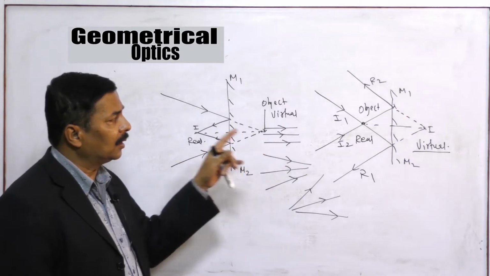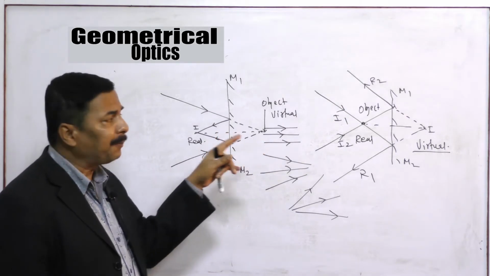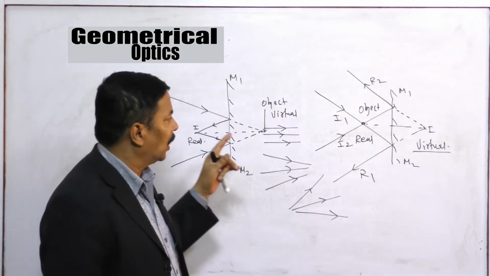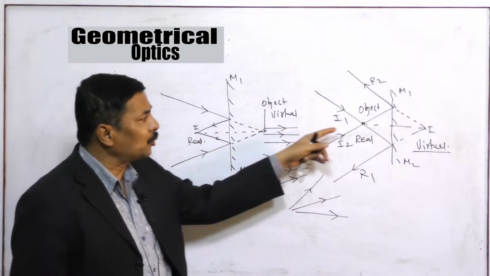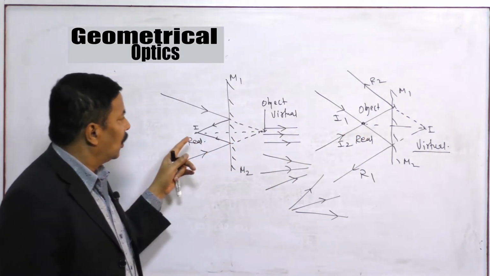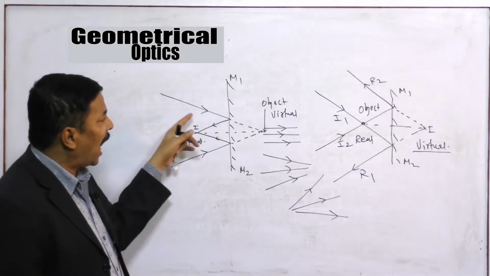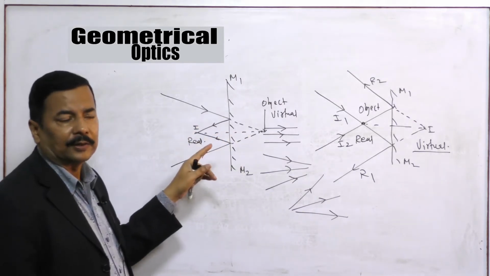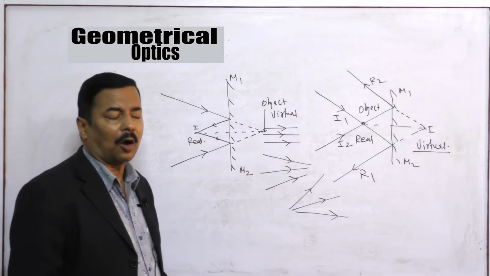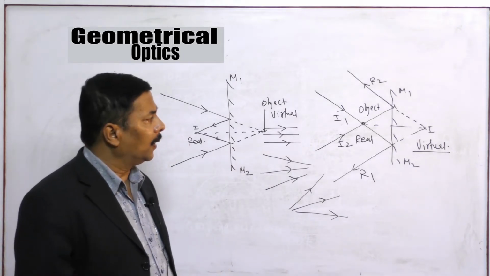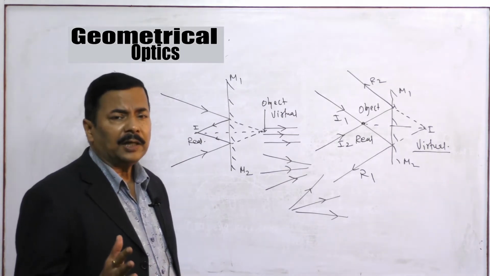A virtual image is the appeared point of intersection of reflected rays. A real object is the actual point of intersection of incident rays. A virtual object is the appeared point of intersection of incident rays. So this is real and virtual object that you should understand for building up the concept in optics.